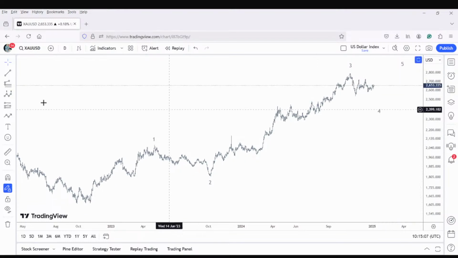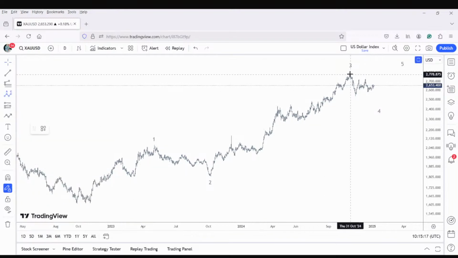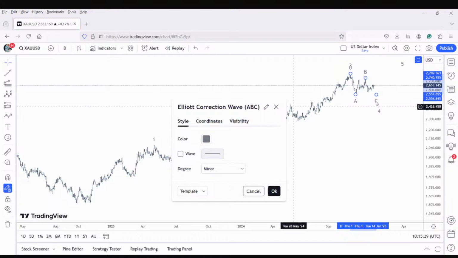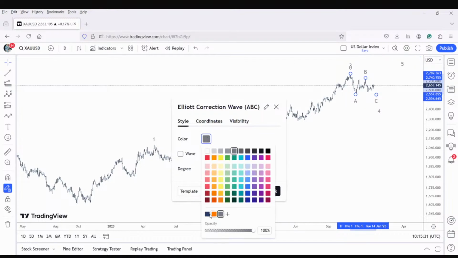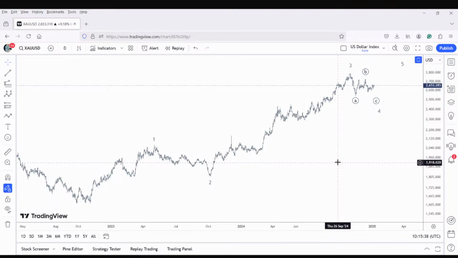In fact, wave 4 could be a flat or a triangle. We cannot predict that at this point in time. If it is a flat, it would be just around like this, where the degree will be minute. All right.